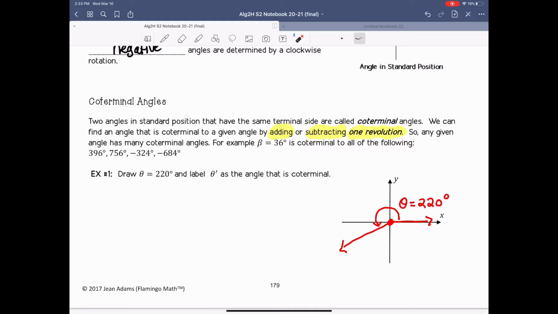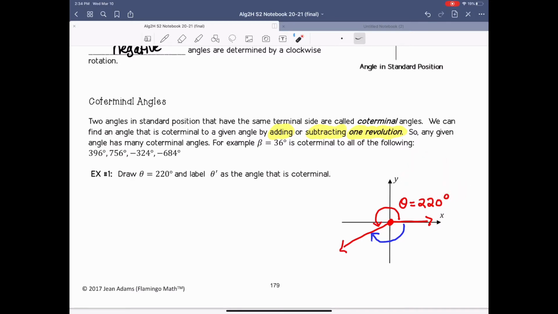Now, a coterminal angle, the easiest one to find is going to be this one right here. So from the initial side to the terminal side in a clockwise rotation. And the way that we can find this angle measure is all we have to do is take 220 and subtract 360. And that's going to give me negative 140, right?